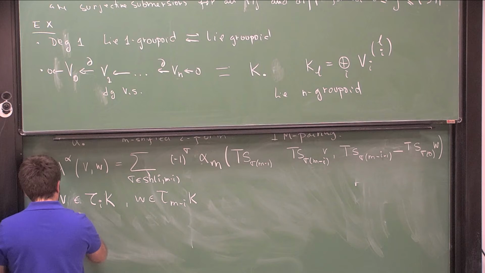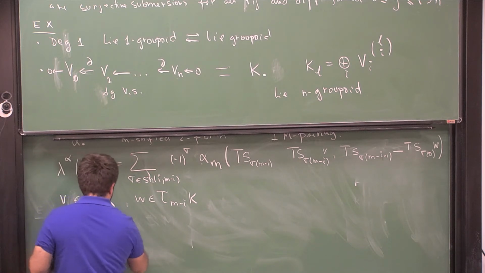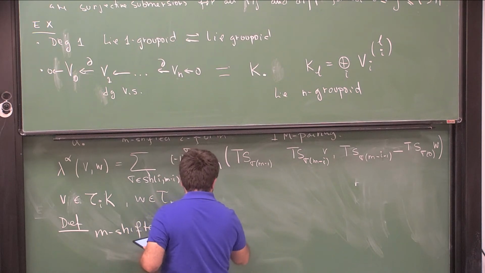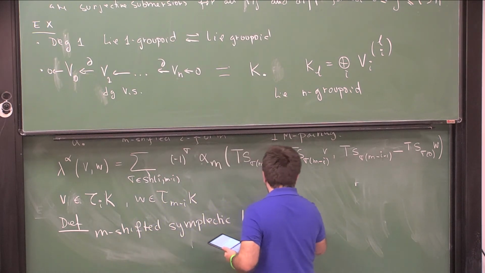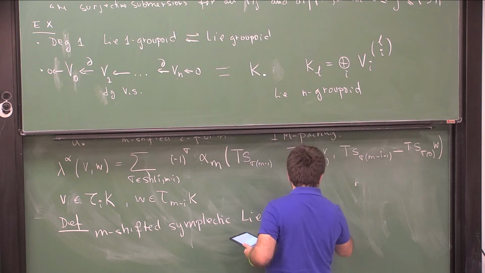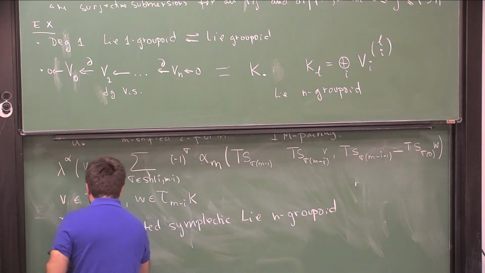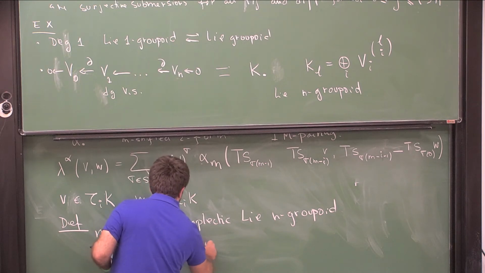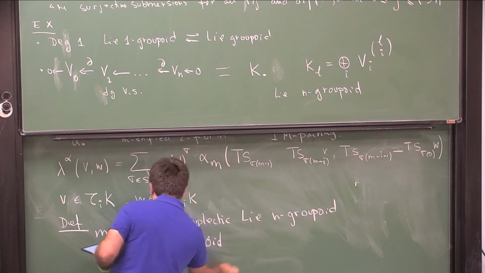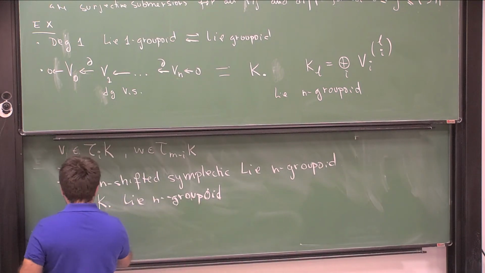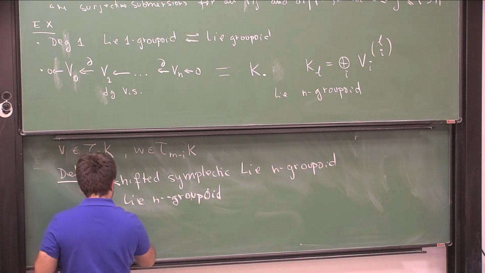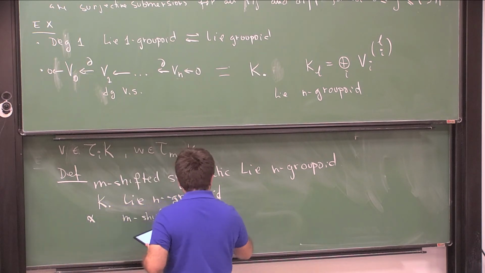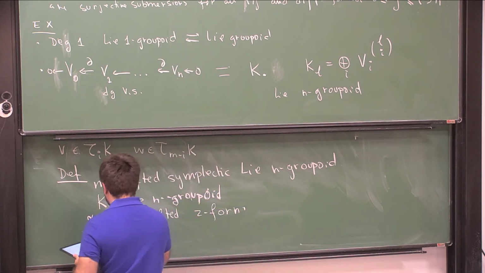So let me give the definition. An m-shifted symplectic groupoid is just K a Lie groupoid, and then the alpha is an m-shifted two form that is closed.